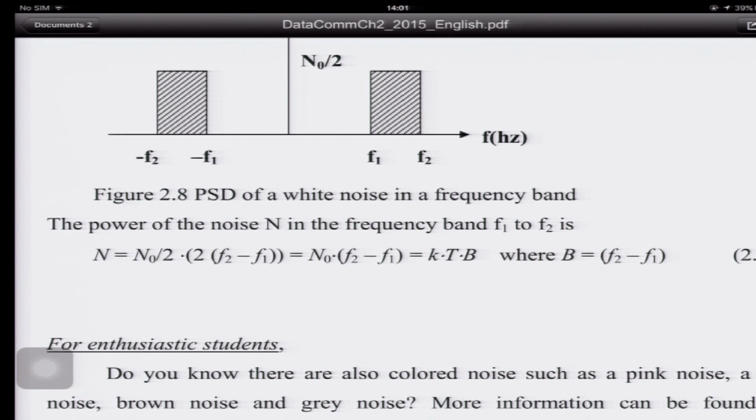So 2 times F2 minus F1. And N0 is K times T, right? And F2 minus F1 is B, so you get KTB. You know, KTB is like Kung Thai Banking, so it's very easy to remember. Anyway, noise power is KTB. K is the Boltzmann constant, T is the temperature in Kelvin, and B is the bandwidth in hertz.